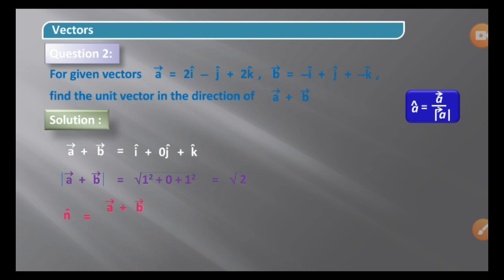So it is equal to A plus B vector divided by magnitude of vector A plus B, which is equal to i plus 0j plus 1k divided by square root of 2. So this is the unit vector in the direction of vector A plus vector B.